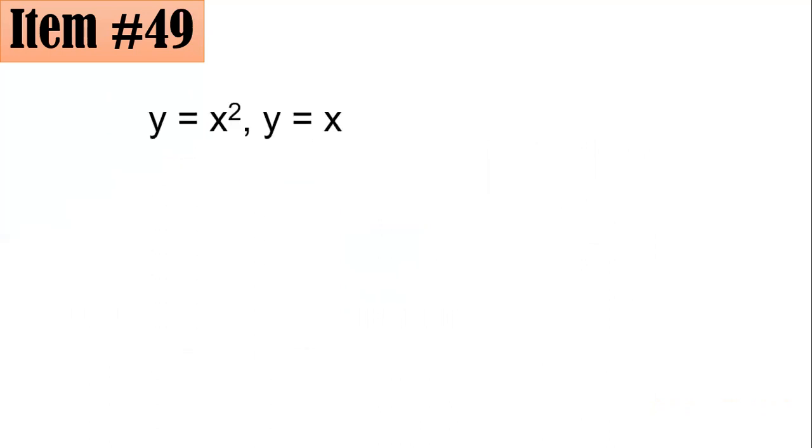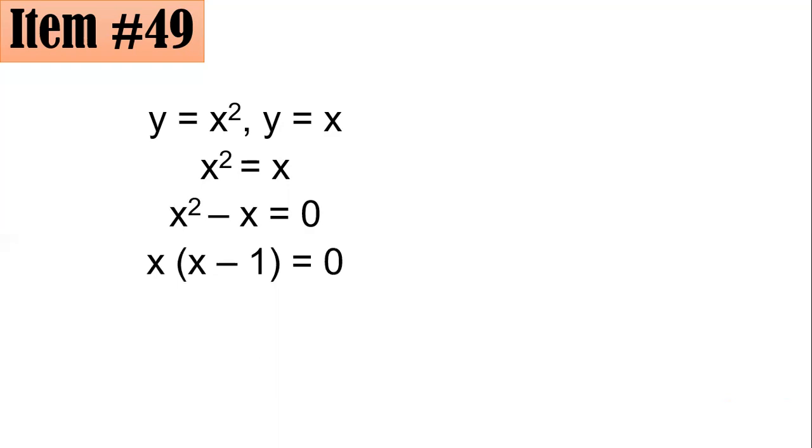First, it's better if we know their points of intersection, and these points will serve as limits of integration. So equating the two and subtracting both sides by x, you have x squared minus x equals 0. It's factorable as x times x minus 1 equals 0. And by the zero property of multiplication, equating each to 0, you get x as 0 or 1.